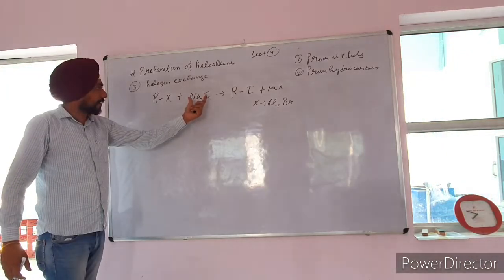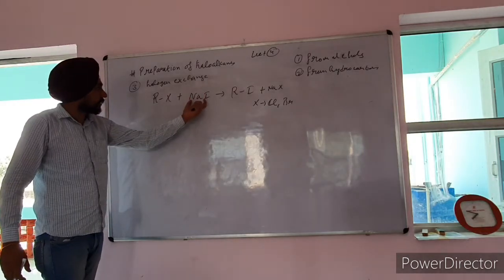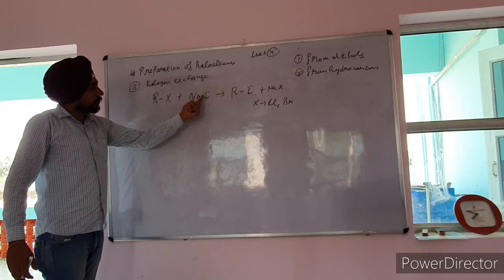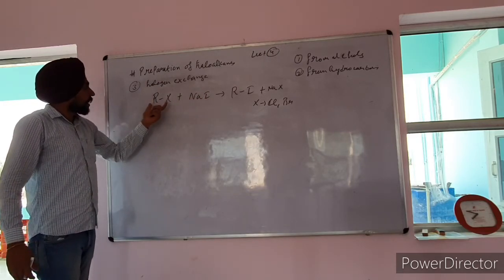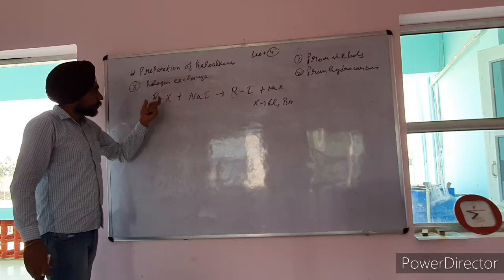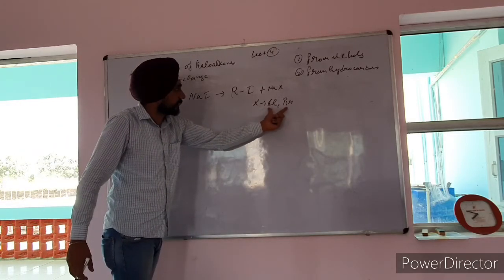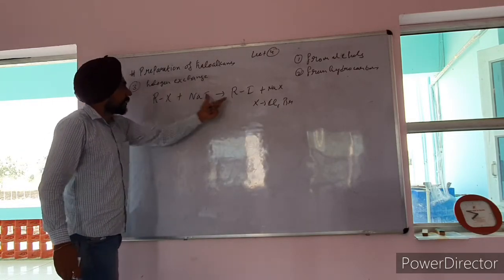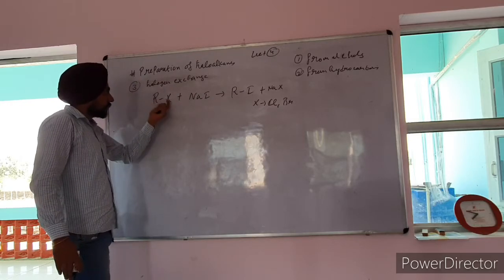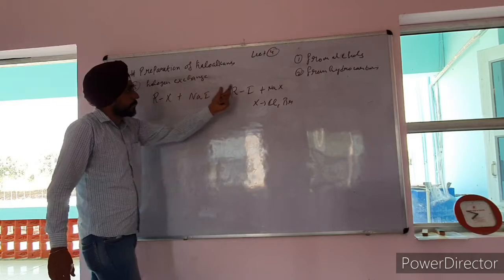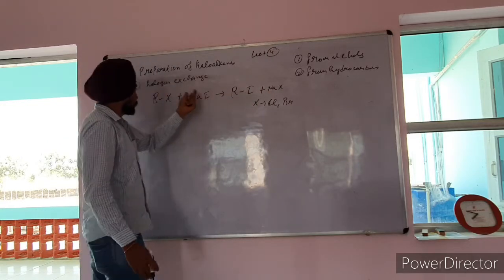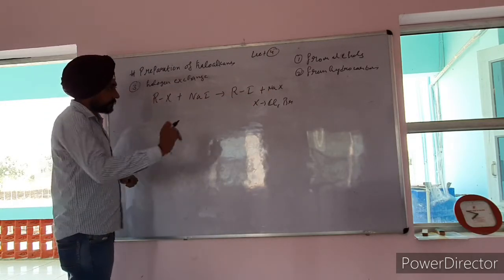So you can say that the salt of iodine reacts with the haloalkane in halogen exchange. The lower halogen goes to the sodium and makes the salt, and the iodine goes to the carbon atom.